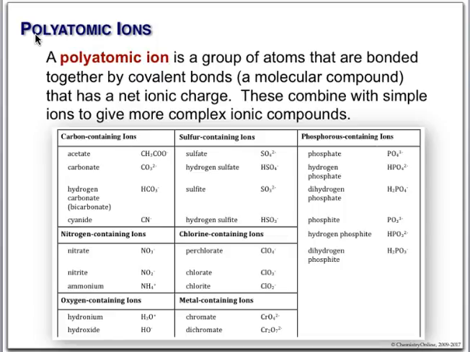We're going to go through the ones that you really need to know. And as we work examples, please pay attention to the ions that we use, because those are the ones that we really do need to know for the quiz and for the exam.